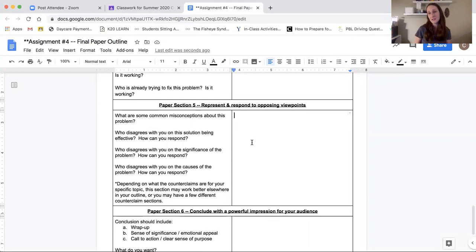The other thing I want to say about counterclaims is to think about counterclaims in a different way than normal. So for example, a lot of people ask me, well, if I'm talking about Nazism, right? I don't want to say, some people have a good point about that. Like the Nazis, okay, here's what they were right about.